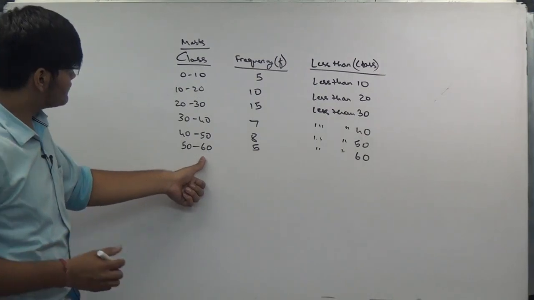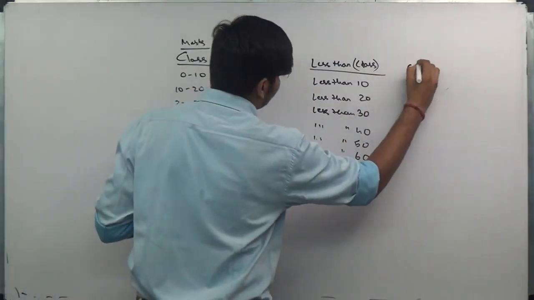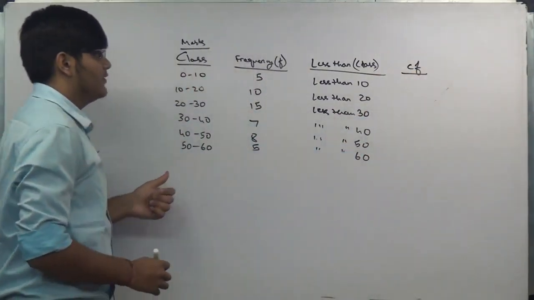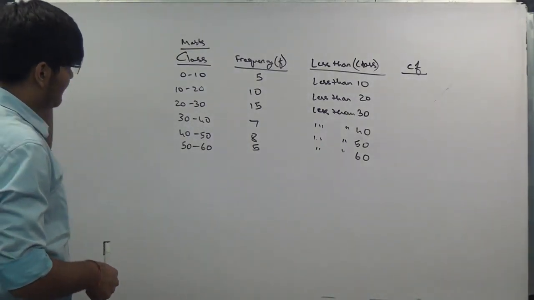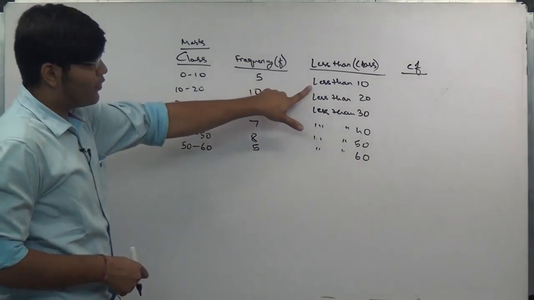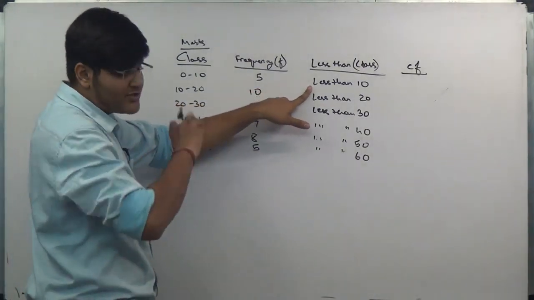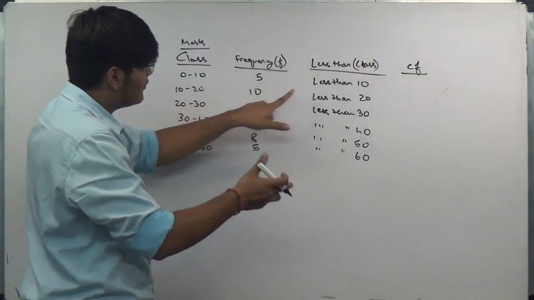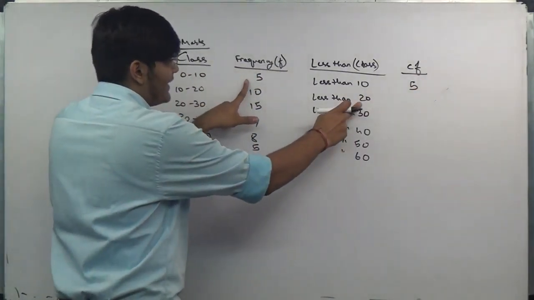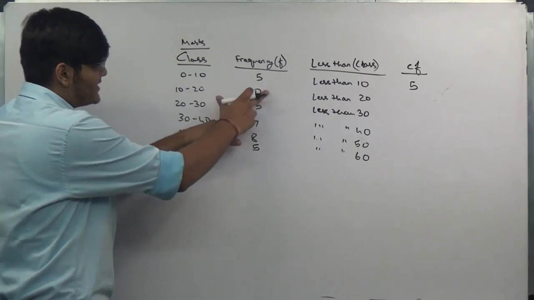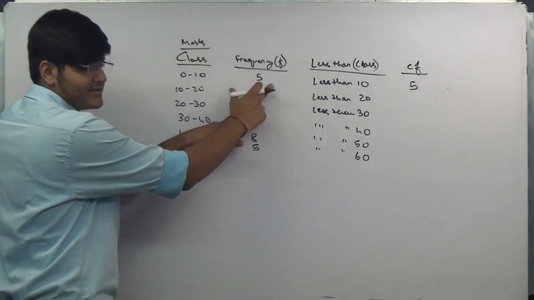Clear? Now we write down the cumulative frequency. So less than 10, what do you mean by less than 10? From 0 to 10, how many people have scored? 5. When we are saying less than 20, it also involves this particular class along with this class.